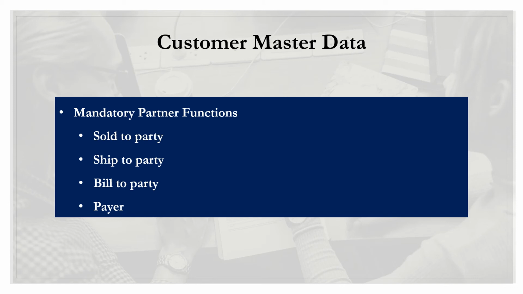So sold to party is the one that actually places the order. Ship to party is the one that receives goods or services. Bill to party will be the one that receives the invoice. And payer is ultimately the one who pays.